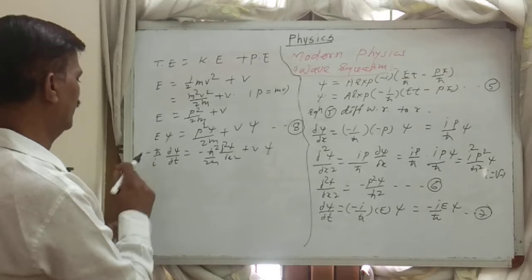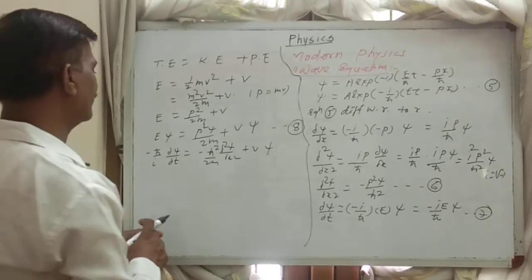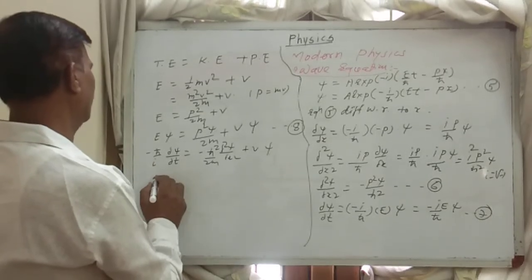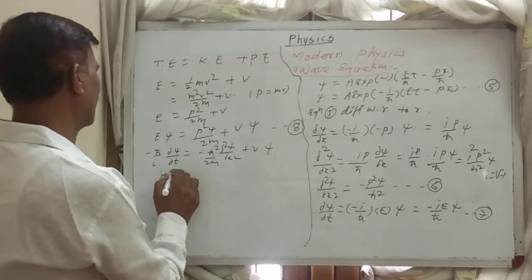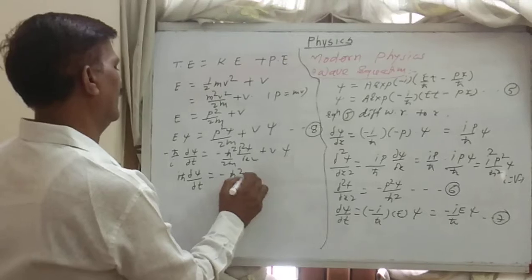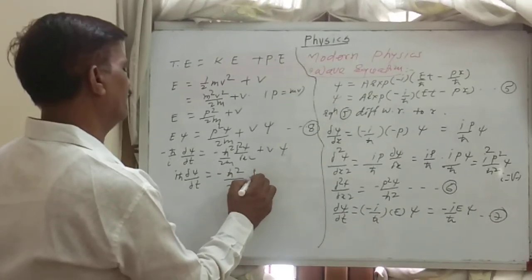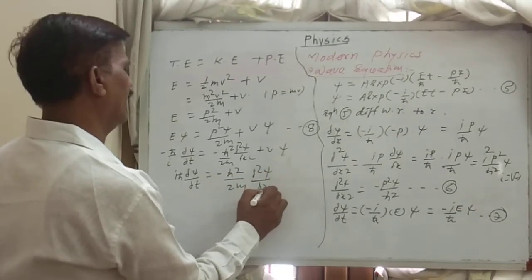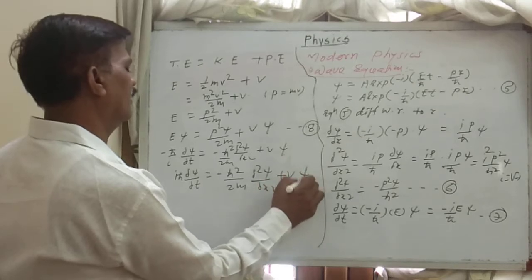Here minus 1 over i is i, so i h cross del psi by del t is equal to minus h cross square by twice m del square psi by del x square plus V psi.